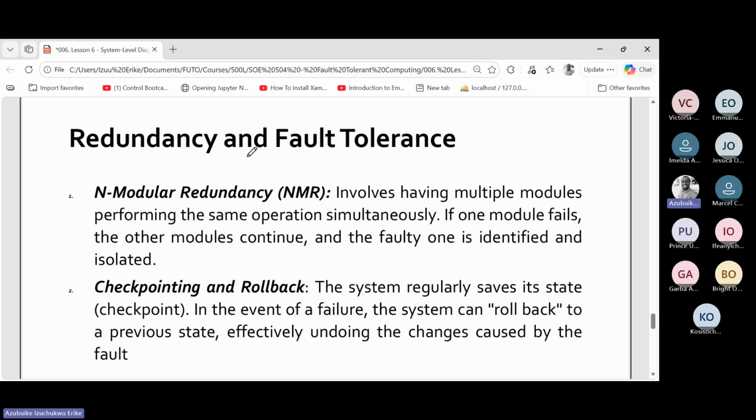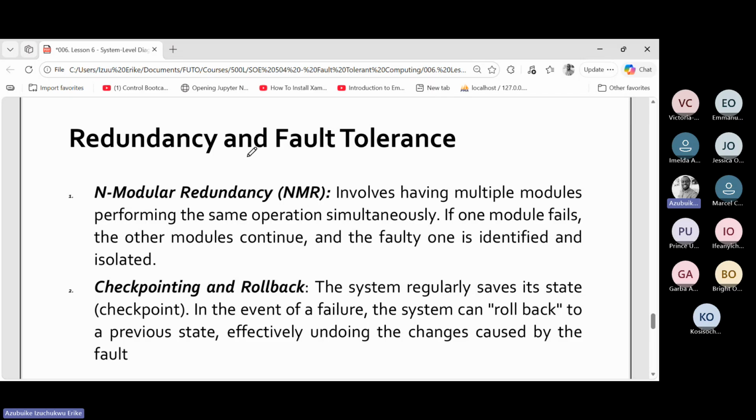And then another way is to build checkpointing. Okay. In checkpointing and rollback, the system regularly saves its states. Okay, its safe states, not just its states. So in the event of a failure, the system can go back to the previous safe state, eventually undoing the cause of the fault.